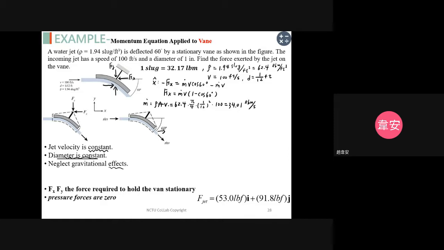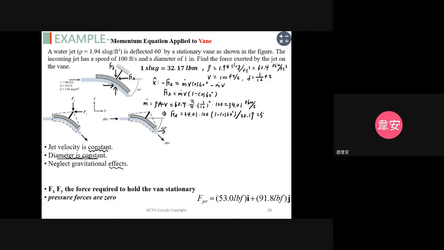Okay, so we go back to the force balance. We know that Fx is equal to 34.01 multiplied by the velocity, which is 100, times 1 minus cosine 60 degrees, and we need to convert the force to pound force, so we divide by 32.17. Using our calculators, 34.01 multiplied by 100 and multiplied by 1 minus cosine 60 degrees, divided by 32.17 to convert the unit to pound force.